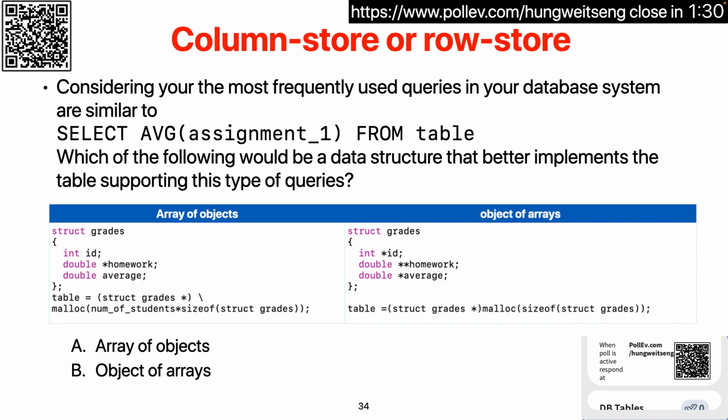The select statement is going to select a column from a table and compute the average of that column, and that's the most frequent type of operation this database system or application would like to do. How are you going to design your data structures?